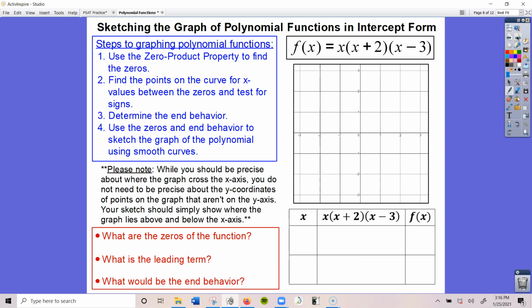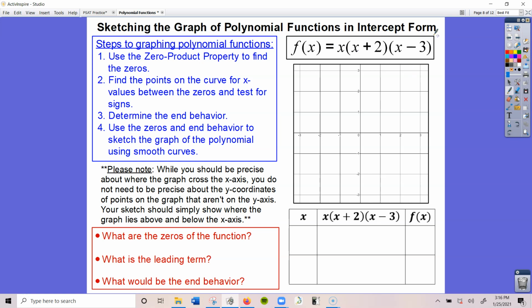Now that we got how to find the x-intercepts and behavior, let's see how we can put this on the graph. I have some steps here to help you figure this out, but basically I'm just going to summarize. First we're going to find those zeros. Notice that in this particular function, it is already in factored form, so we don't have to take that extra step of factoring.